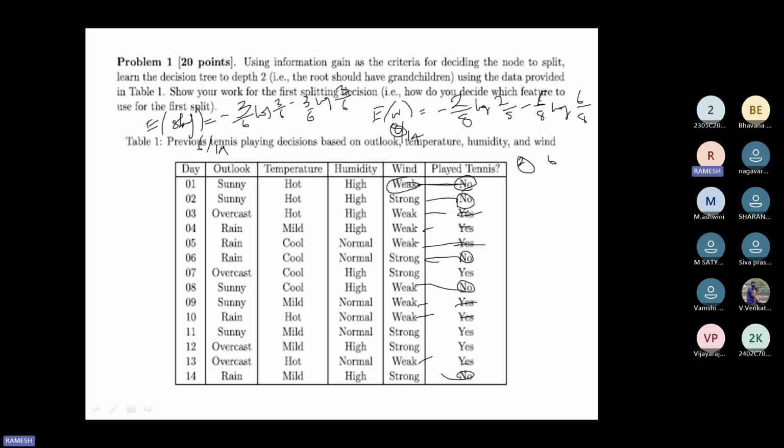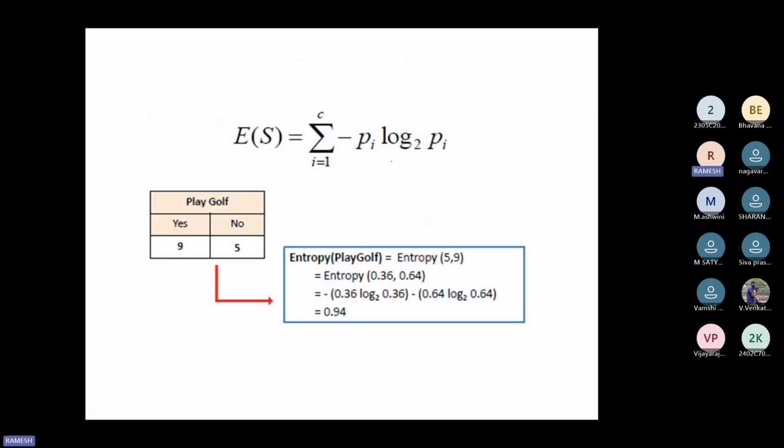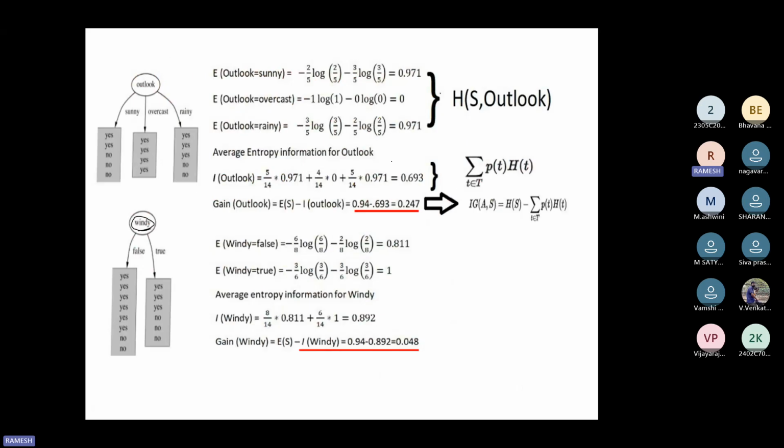Now the entropy of strong and the entropy of weak we have calculated. Now just multiply with this. This one will be multiplied in the same manner, 6 by 14 and 8 by 14 into this one. If we add both the terms, then we'll get the entropy of wind. That is what we have calculated here.